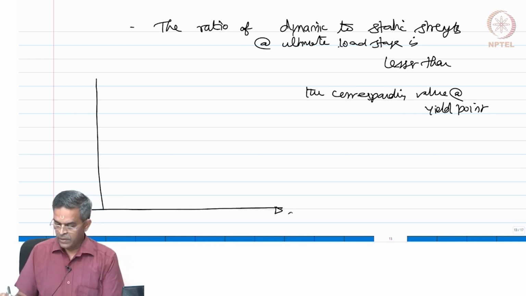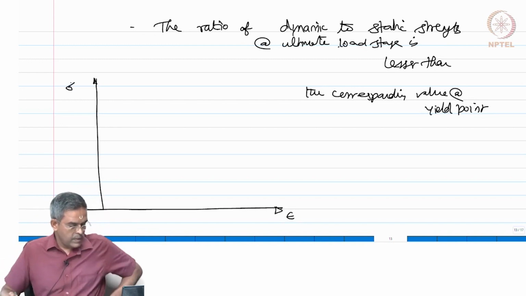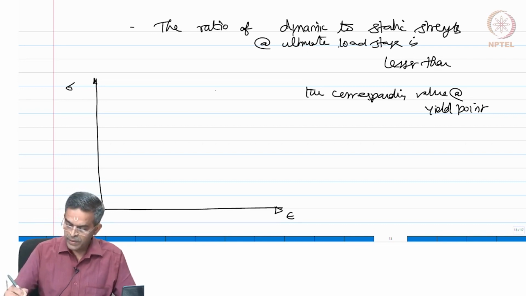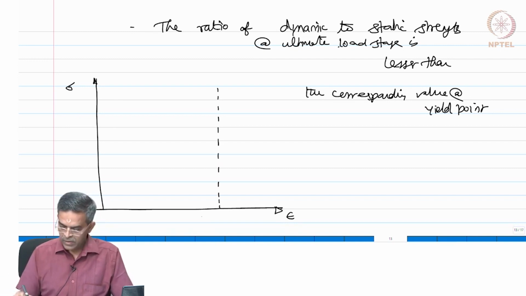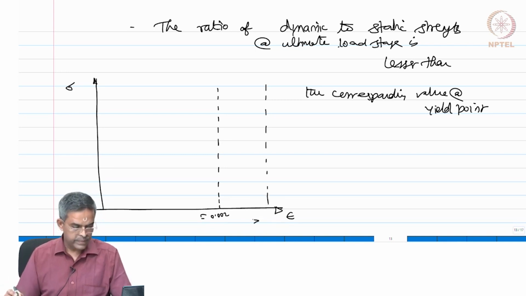So, this is my strain, this is my stress axis. Let us draw a vertical line in an enlarged manner. It's approximately 0.002, and let us draw one more line which will be higher than 0.002, but closely to 0.005. Okay.